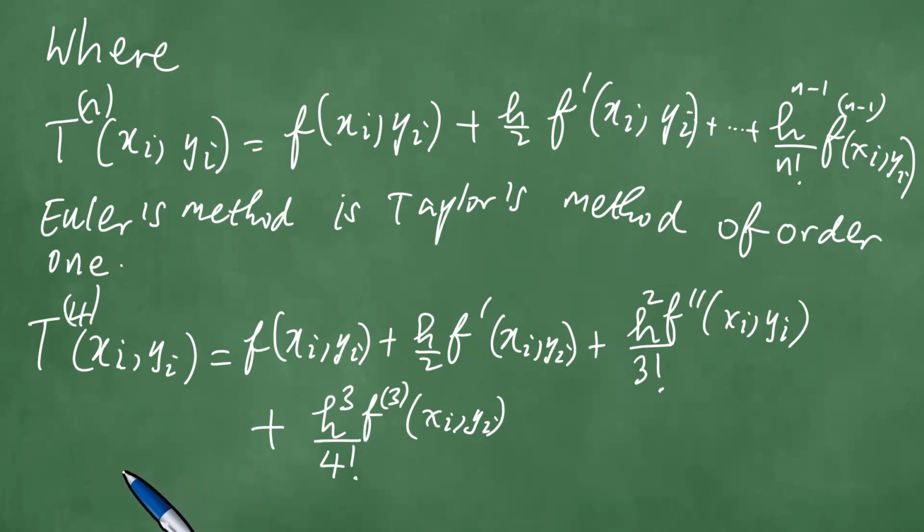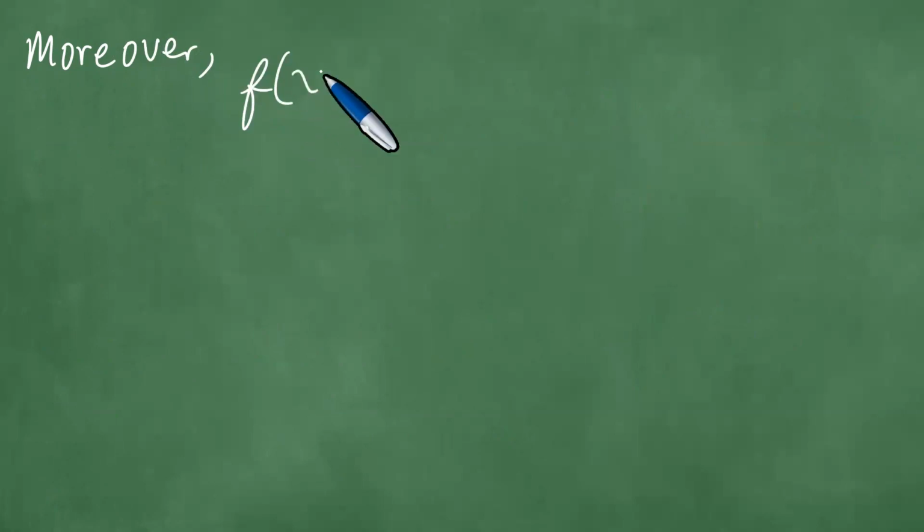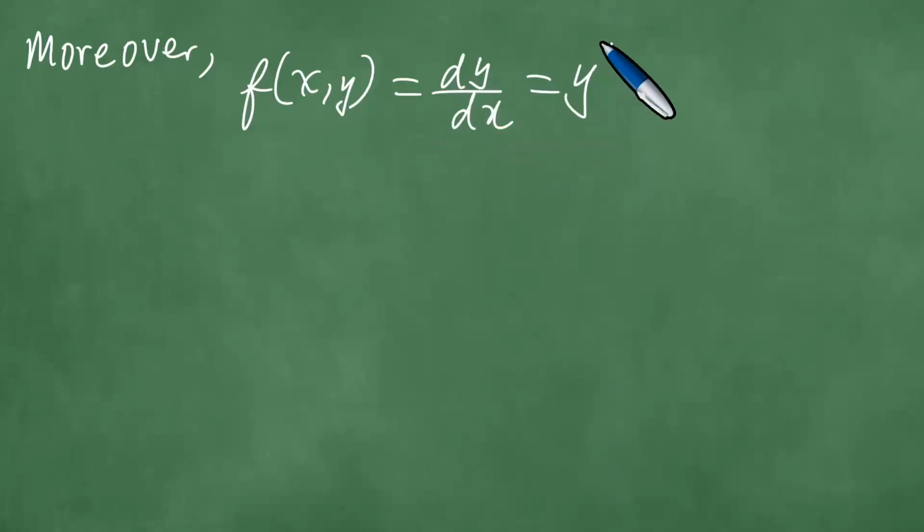All right, now what do we do next? We just substitute everything into the formula we have. Moreover, we note that the notation we use, f(x,y) is dy/dx, which is y squared, and y0 is 1. Okay, so we know these already.